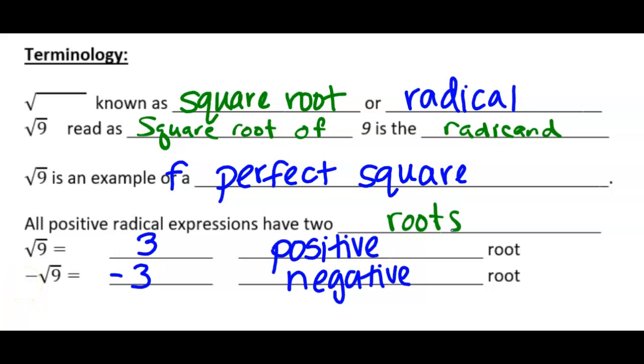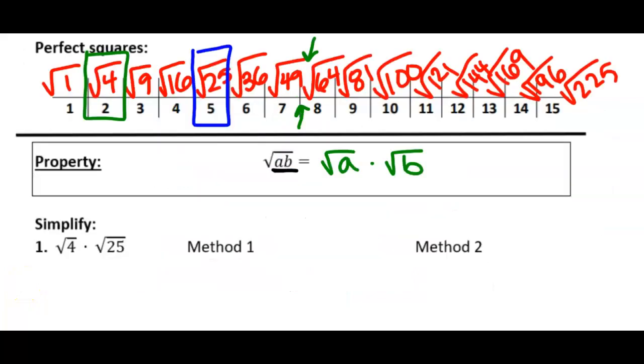So let's chat. It's important that you understand and that you have this chart. This chart's going to help you a lot with knowing which are the perfect squares. So if I square 1 times 1, it's like the undoing of the square root.